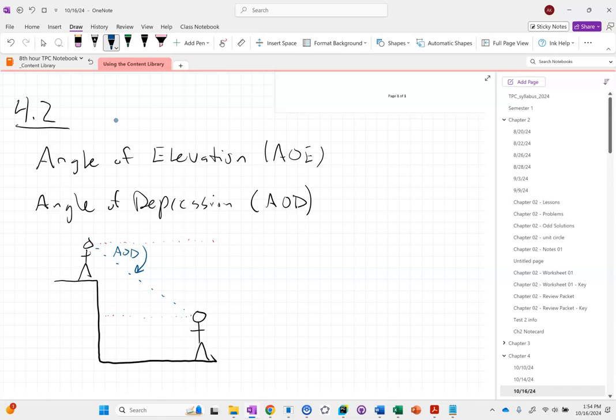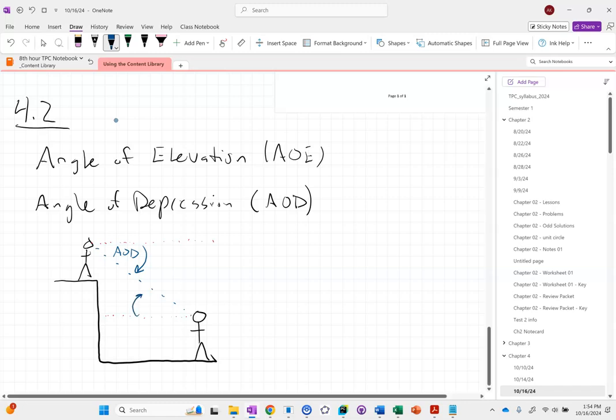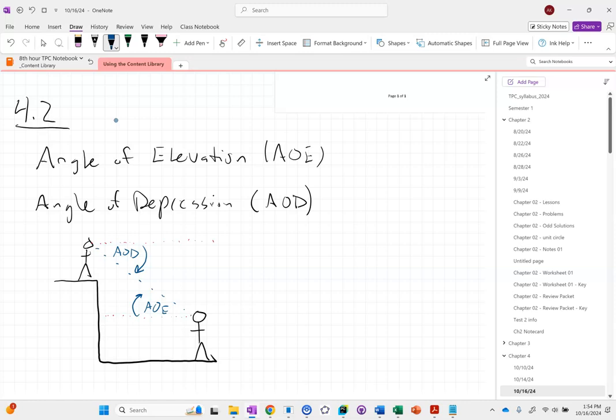If you're the person on the ground, you're looking straight forward and you want to look at the person up high, you have to lift your line of sight up. So that's our angle of elevation. Does that feel okay?